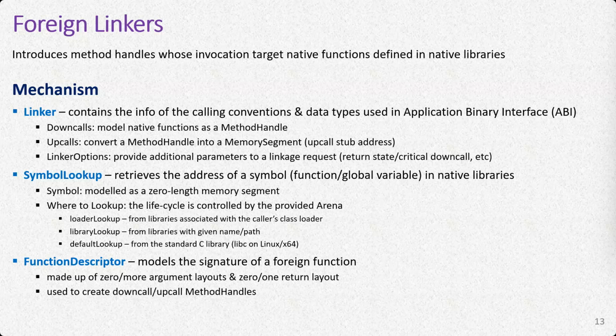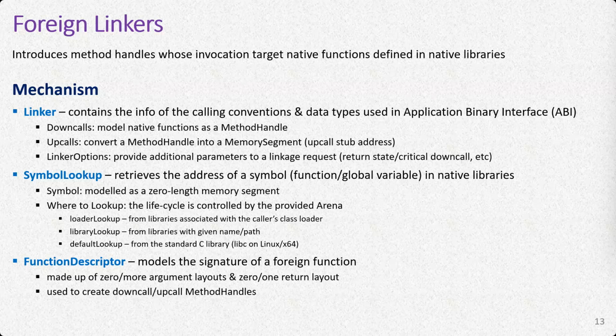The linker APIs include downcall and upcall and the corresponding linker options. The downcall enables the invocation from Java to native by modeling the native function as a method handle, which is a fundamental part of the linker. The upcall triggers execution of a Java method within native functions.